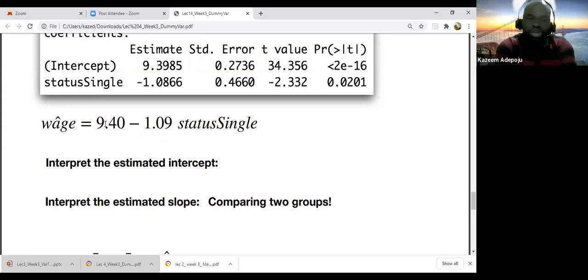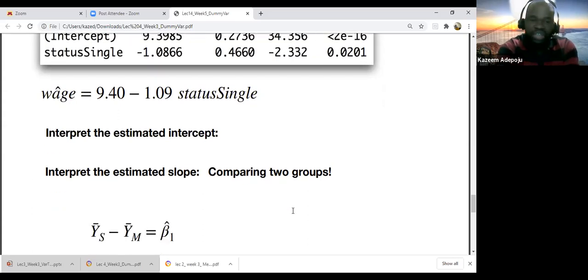So in a way, interpreting the estimated slope is more or less comparing two groups. When beta 1 equals 0, it means the difference between the two groups is 0, and when beta 1 is not equal to 0, then there's a difference between the two groups.